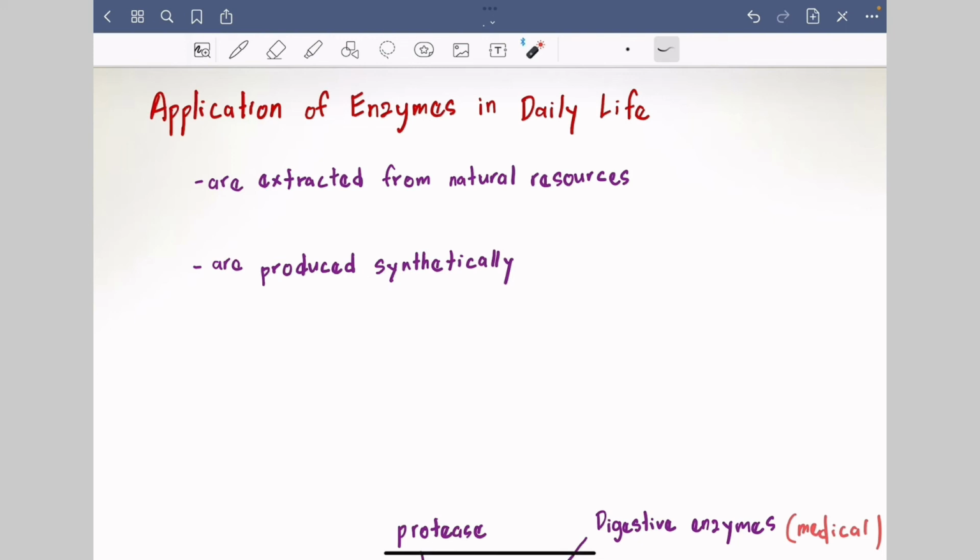These are usually enzymes extracted from natural resources, for example bacteria. And some enzymes are also produced synthetically. How are they produced synthetically? These enzymes are called immobilized enzymes.